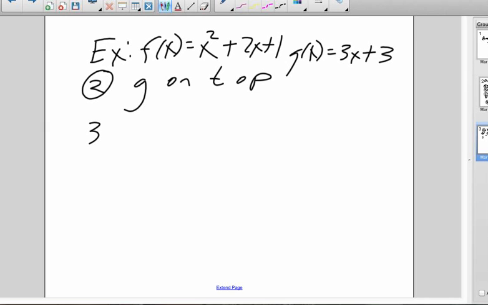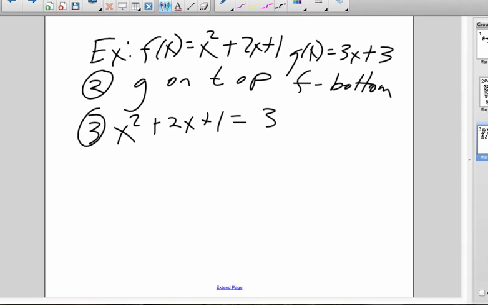Step number 3, I'm going to solve these things. G on top, F is bottom, and I'm going to be integrating with respect to x. So now I'm going to set them equal: x squared plus 2x plus 1 equals 3x plus 3. Subtract 3x, subtract 3. I'm going to end up with x squared minus x minus 2 is 0.